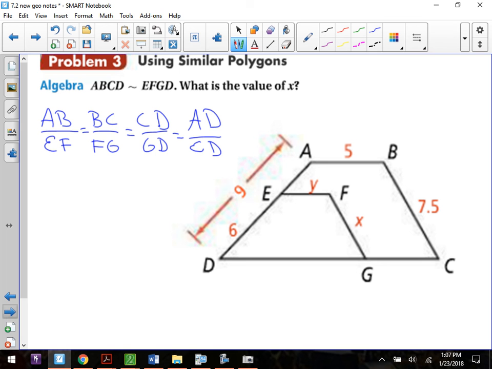When you get all that, then you start filling in the numbers from the diagram. 5 over y. What is it? 9 and 6.